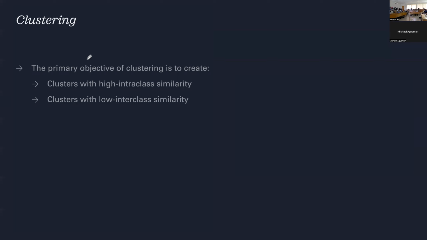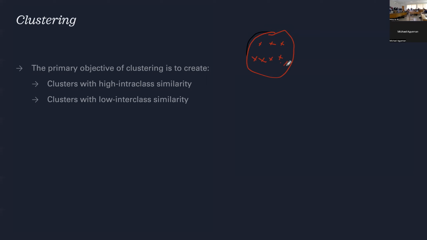So with clustering, we actually have two main goals. One of the goals is to find the items that are similar to each other as possible and put them in one cluster.